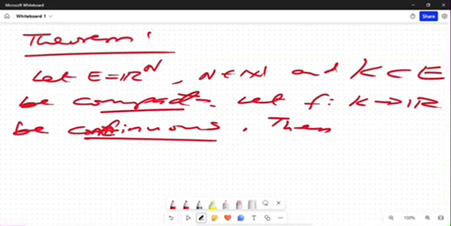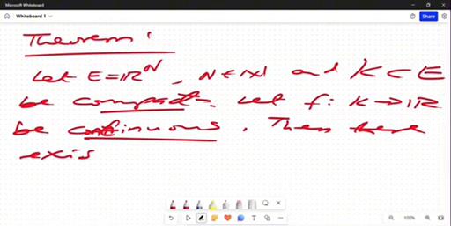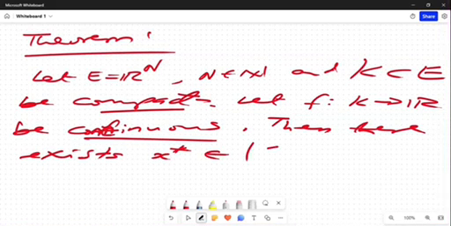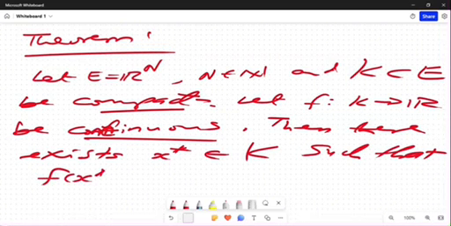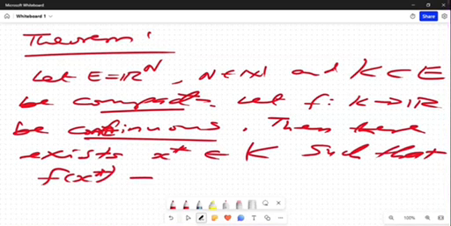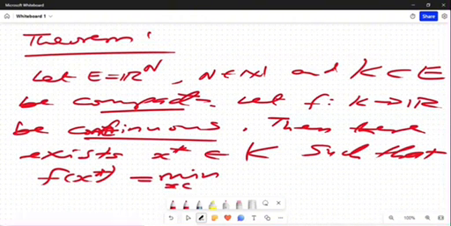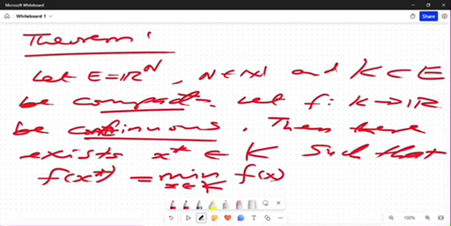Then there exists an x star in K such that f of x star is equal to the minimum as x varies in K of f of x.